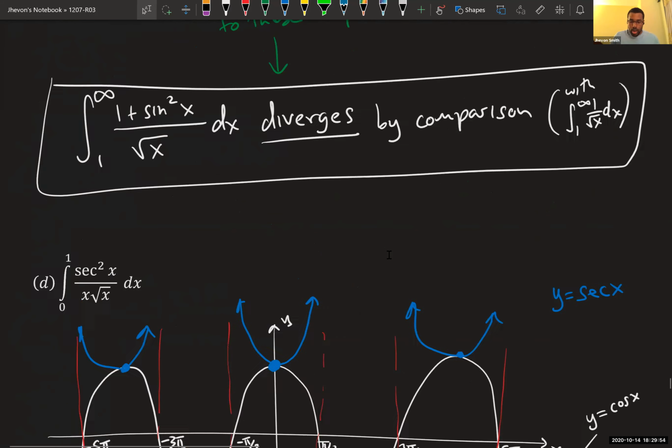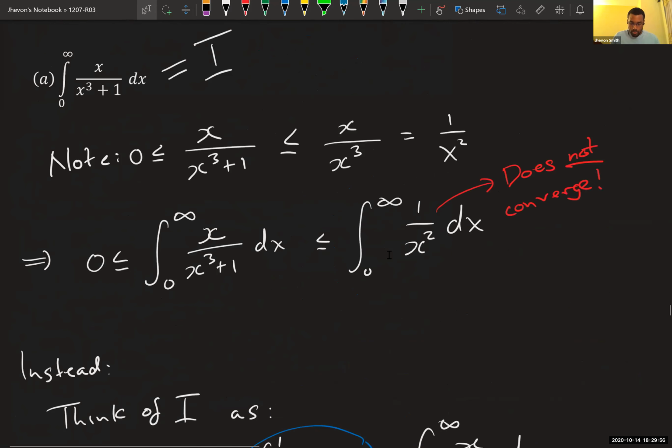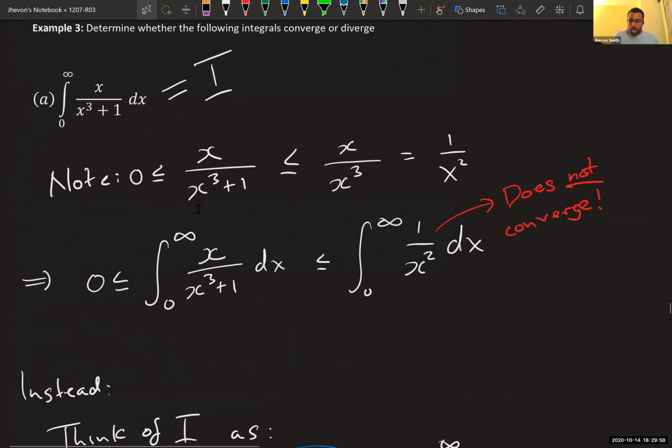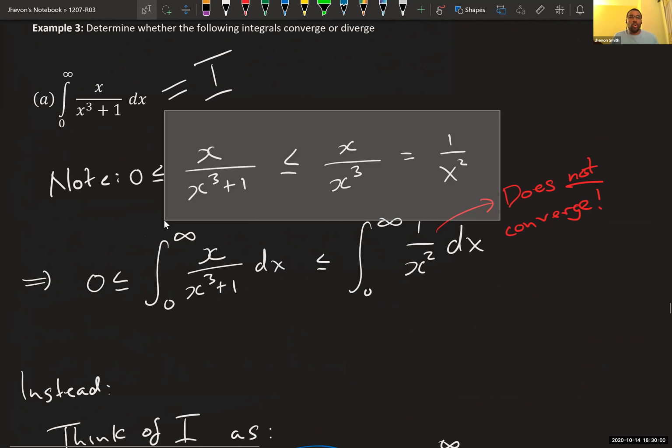Before, it was pretty obvious. In the earlier example, x over x cubed plus 1 compared to 1 over x squared. Obviously, the one on the right is bigger because the only change occurred in the denominator. I made the denominator smaller, so I know for a fact that this is bigger. It's not ambiguous.